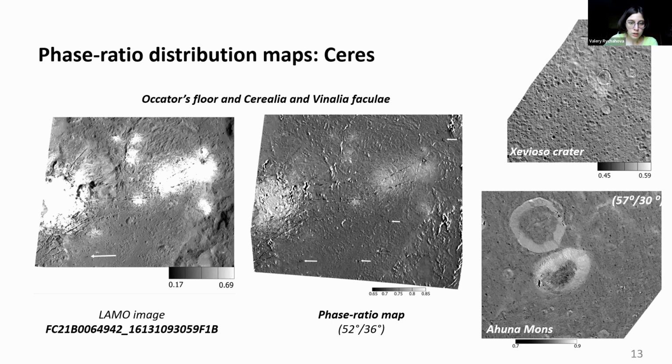There are more smooth surfaces, but in some cases, like for the floor of Occator crater, there are three small craters that have increased optical roughness, and it points to these craters being young formations, and they have optical roughness different in comparison with the background of the floor of Occator crater. Next, please.